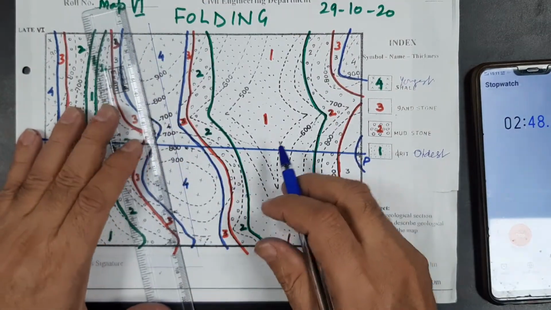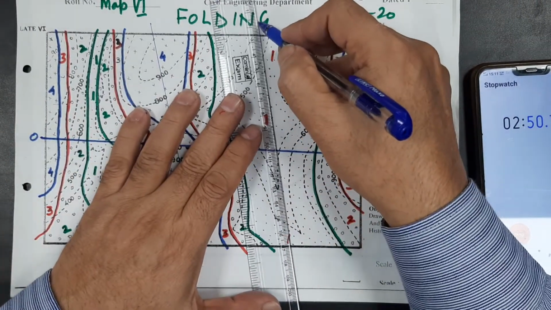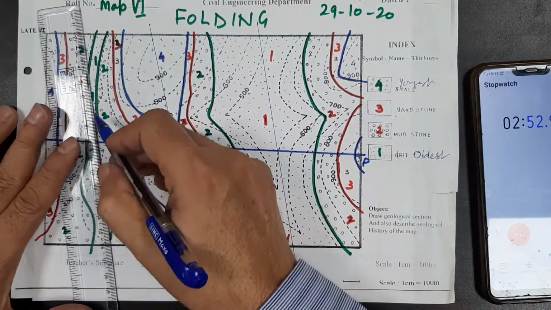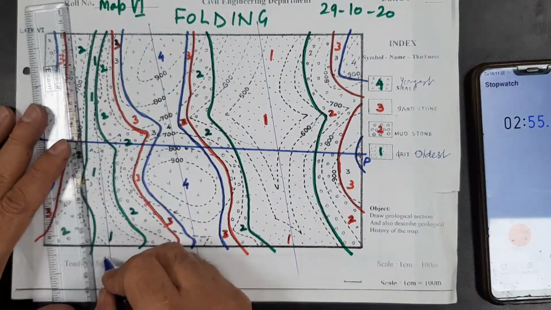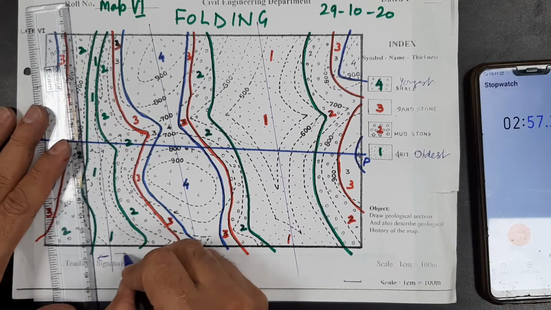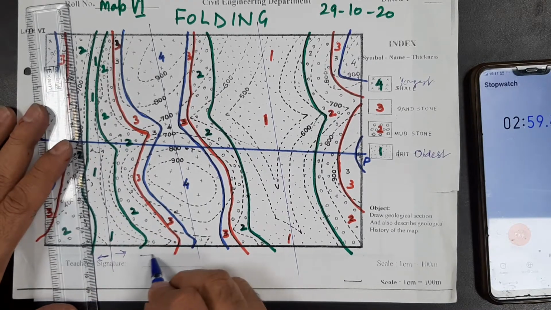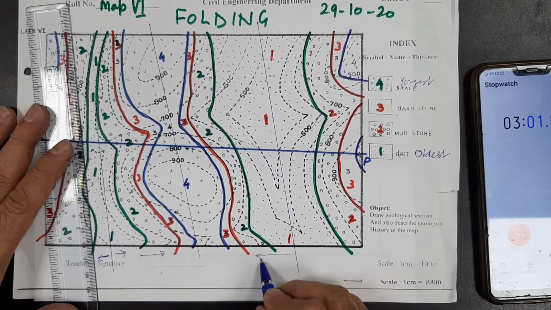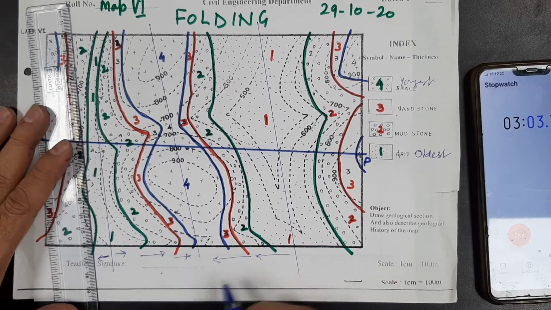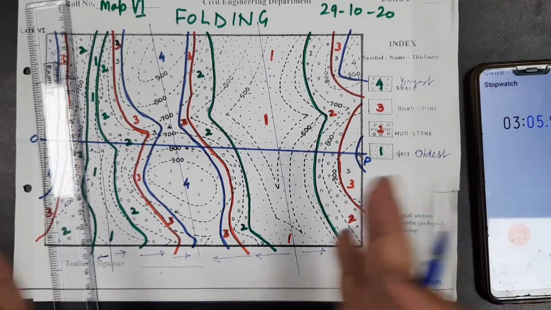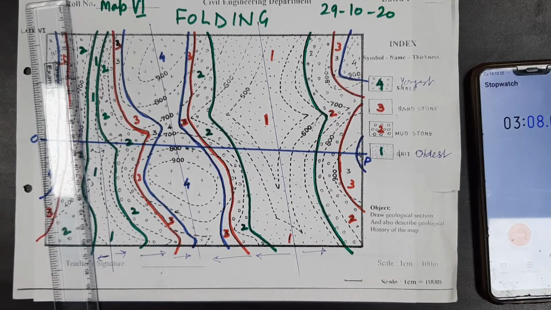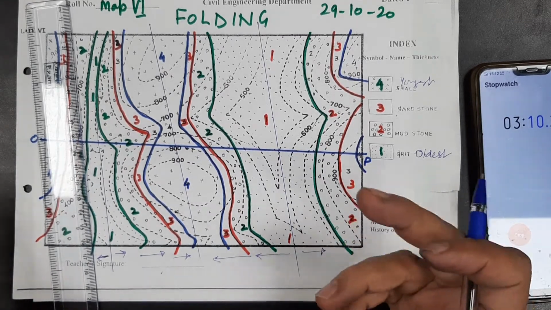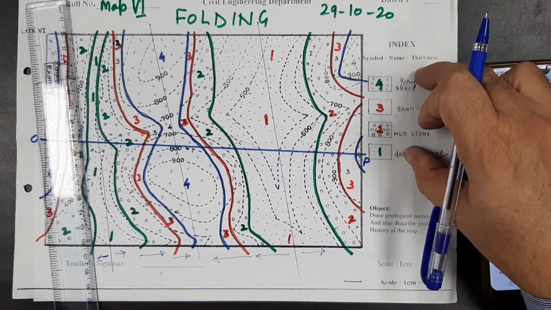So this may be a synclinal axis and this may be an anticlinal axis. This may again be an anticlinal axis, meaning the angle of dip on the two sides will be away from each other. Here it will also be away from each other, which will come together here in the syncline, towards each other. This seems to be the case here if the order is correct.